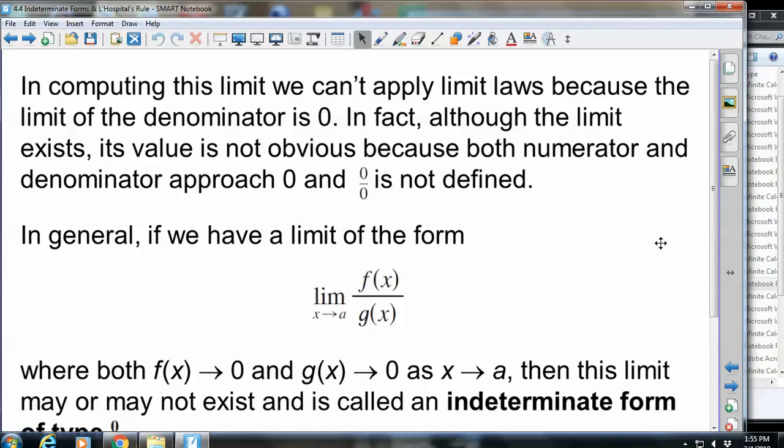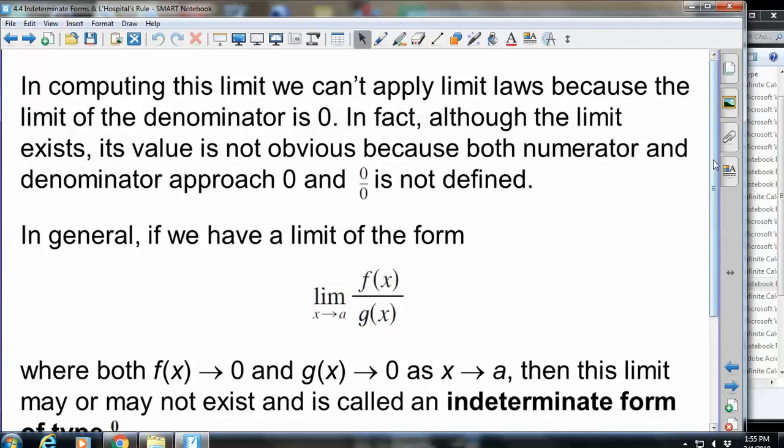However, would you agree that if we just plugged 1 into that, both the numerator and the denominator would be 0? The natural log of 1 is 0, and 1 minus 1 is 0. So this is what's called an indeterminate form, 0 over 0.